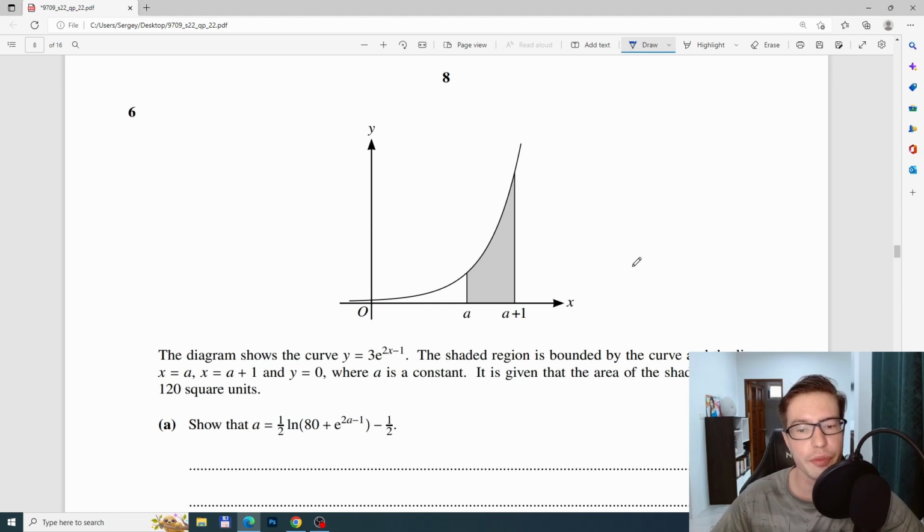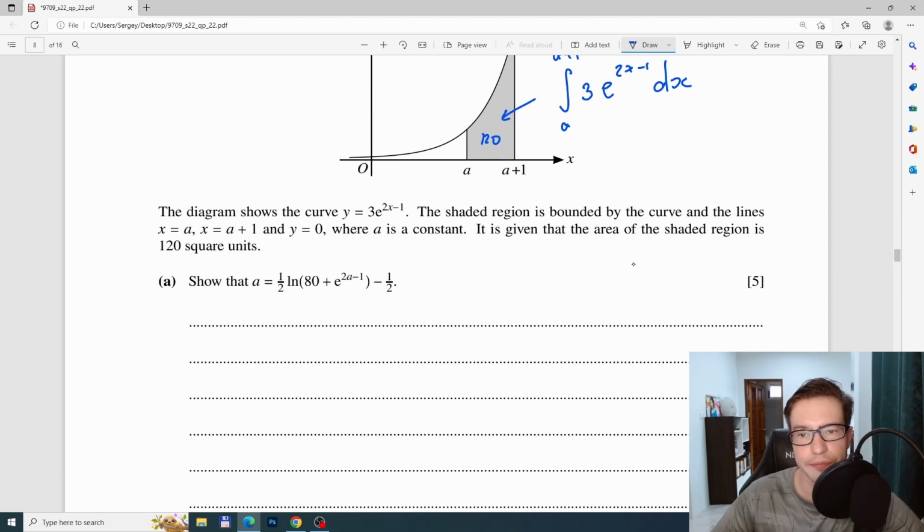All right, next question is about integration. We know that the area is 120 square units. And that basically means that the integral from a to a plus 1 of 3 times e to the power of 2x minus 1 dx equals 120. So first let's integrate, and we'll get 3 times the integral from a to a plus 1 of e to the power of 2x minus 1 dx.